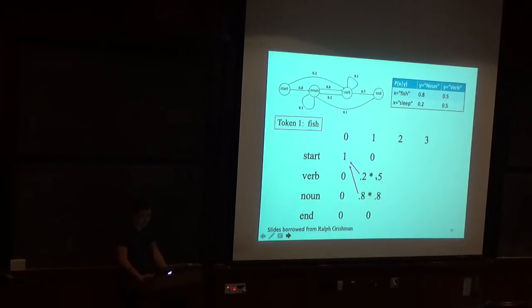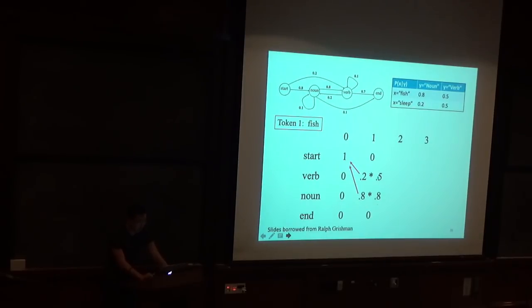Sorry, the first number is the probability of transitioning from start to verb and start to noun.